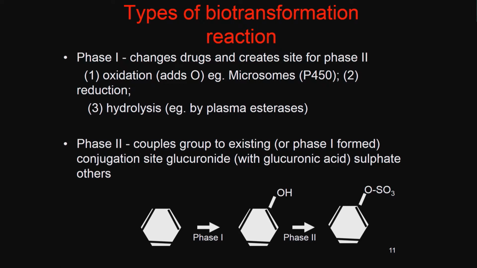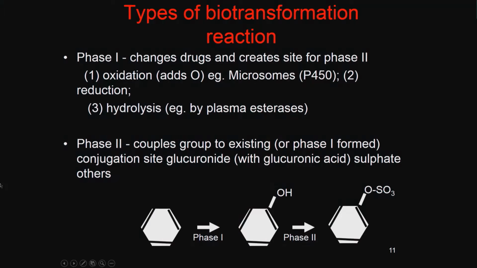Let us again go back to the metabolism in ADME, and look at how to overcome these biotransformations using structural modifications. Once more to revise, we have two types of metabolism, phase 1 and phase 2 biotransformation.